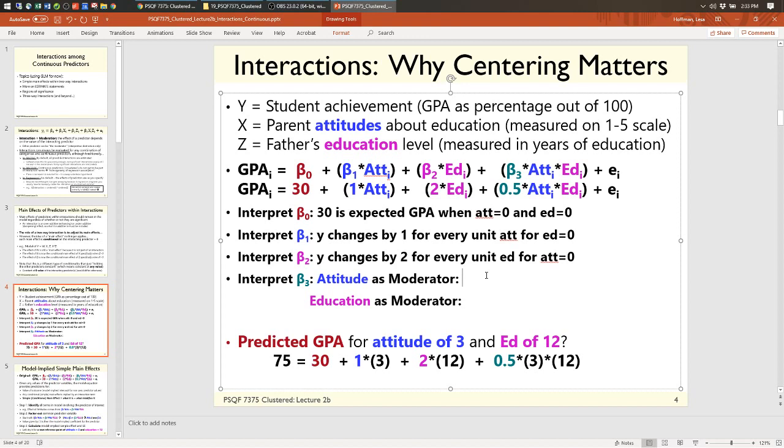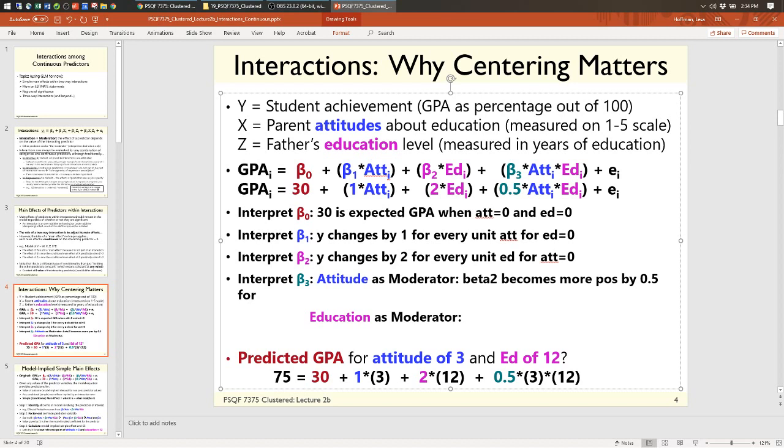So I focus on the slope. If attitude is the moderator, then what I'm focusing on is the slope of ed. So I'd say beta 2 becomes more positive by the interaction term, 0.5 for every unit ed.